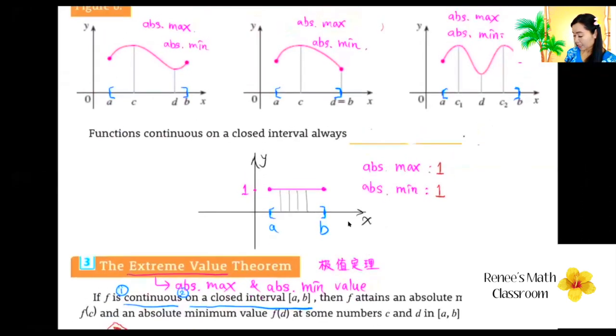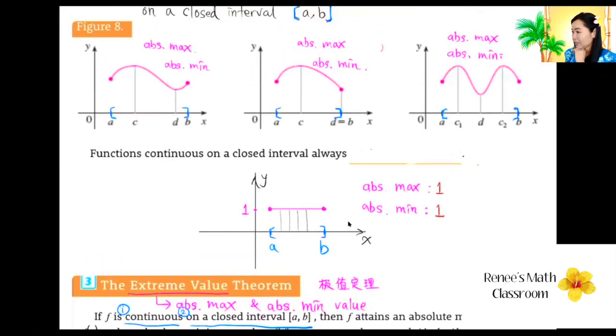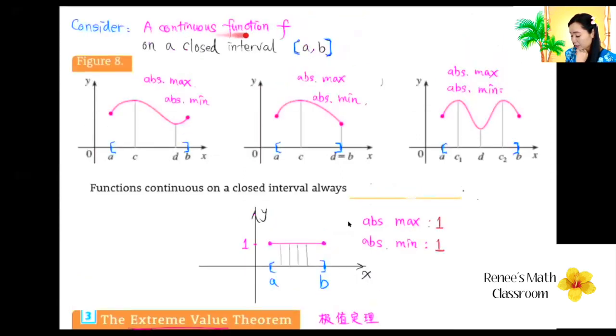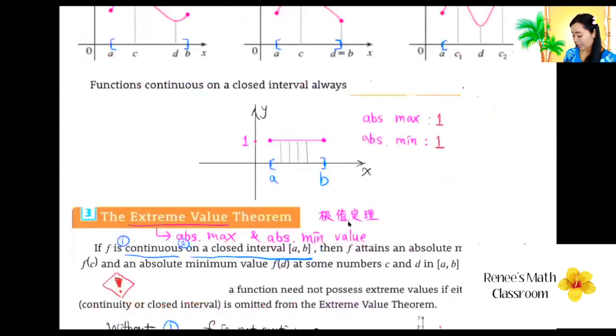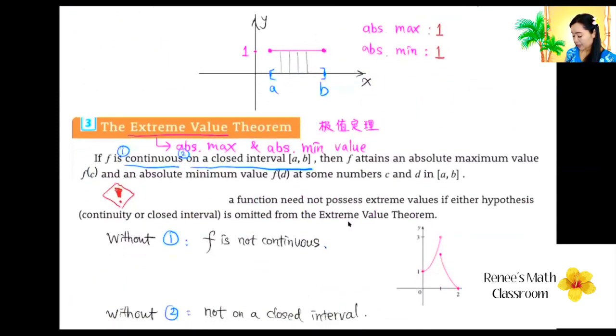So you could have the absolute max and absolute min be the same function value if it's a constant function. Looking at this, you come up with this idea: if it's a continuous function on a closed interval, then it's guaranteed that you will obtain an absolute maximum and an absolute minimum somewhere on this closed interval. And that is a theorem. It's called the extreme value theorem. What does it say?